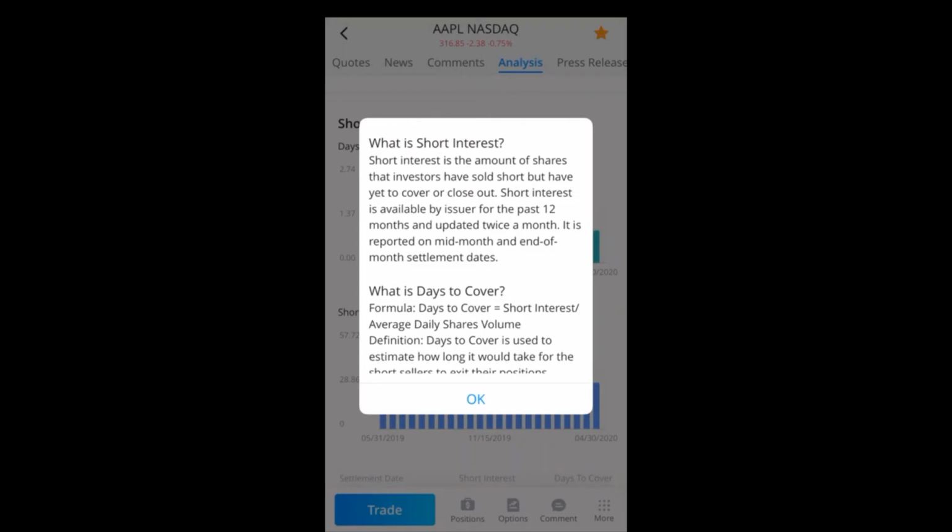If you're a day trader or a swing trader, if there's high short interest on a stock, and it would take a lot of days for those people who are shorting to cover their positions, then the stock could go up in value very quickly as those individuals decide to cover, if there was some really, really good news on a stock that was doing really badly.